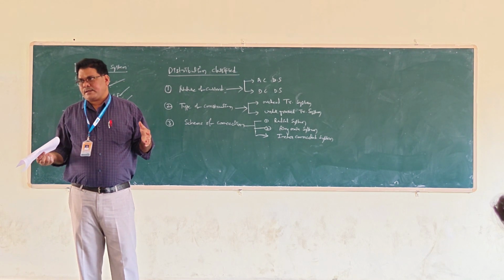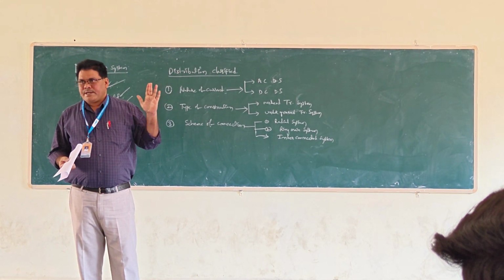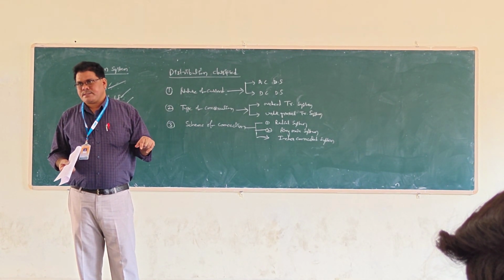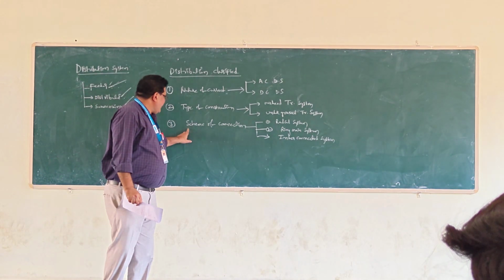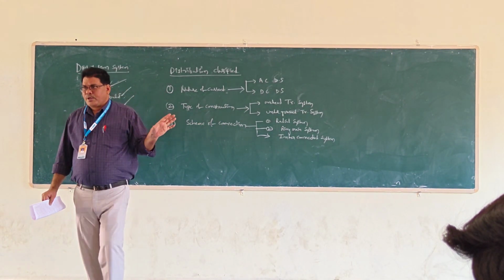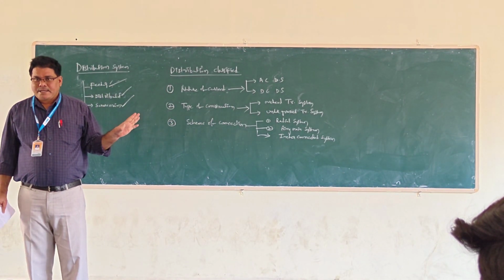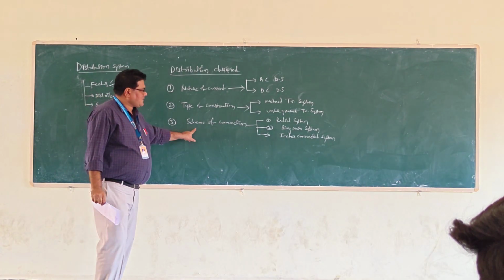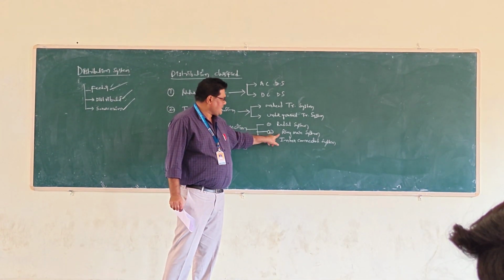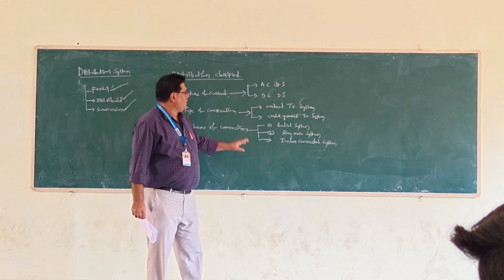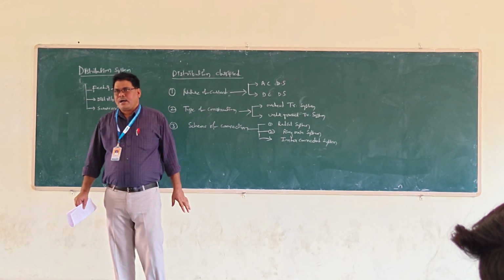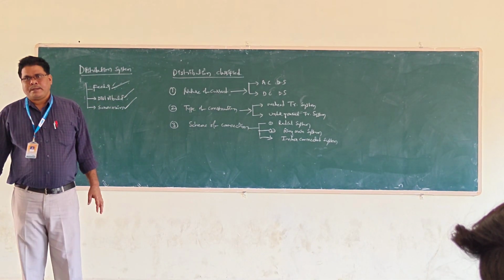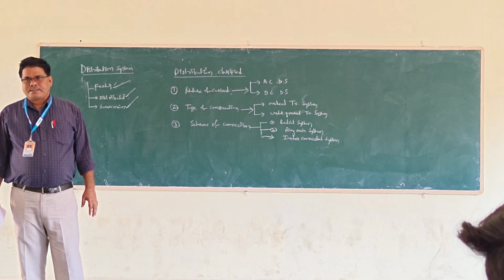There are two ways: overhead transmission system and underground transmission system. And scheme means method of connection: radial system, ring main system, interconnected system.